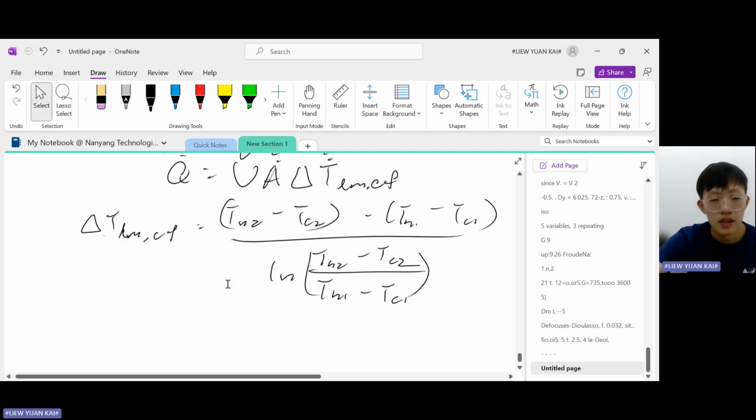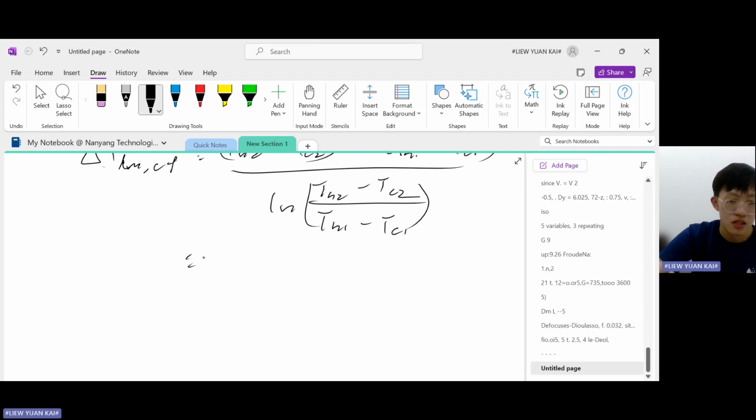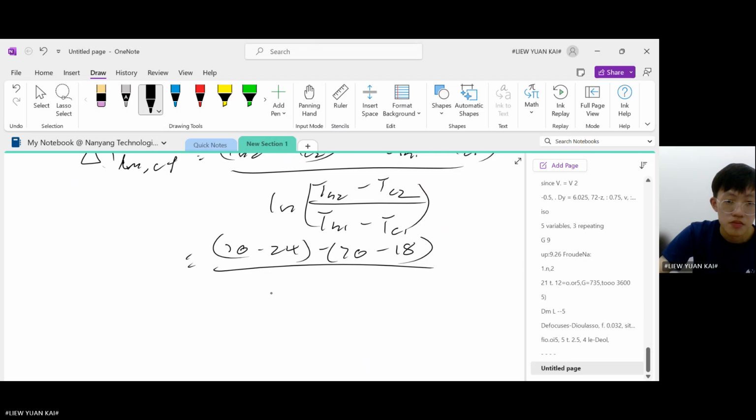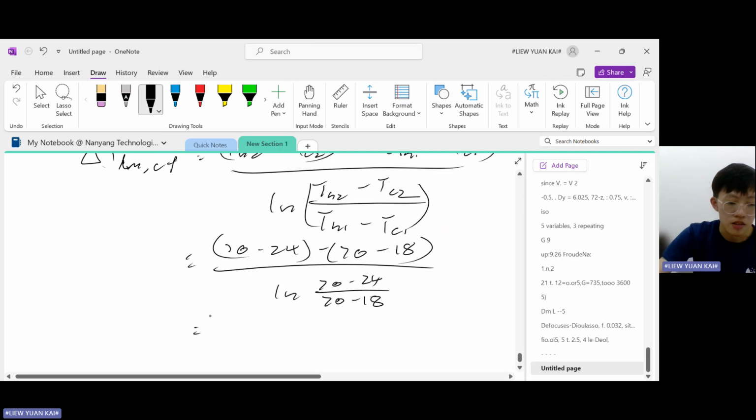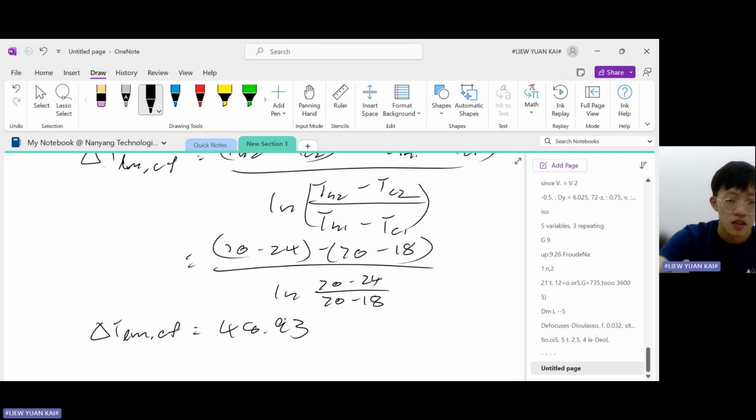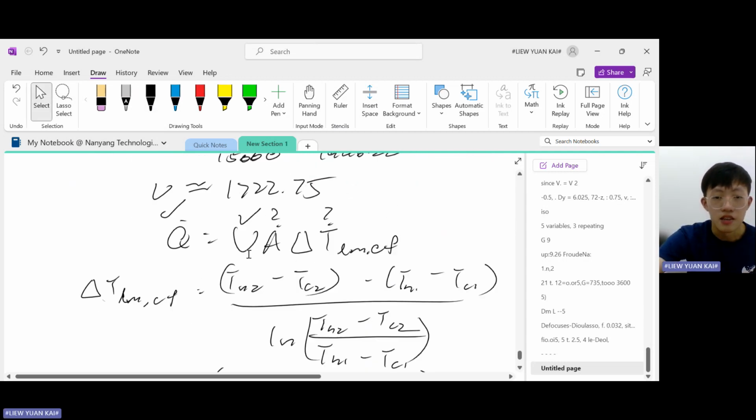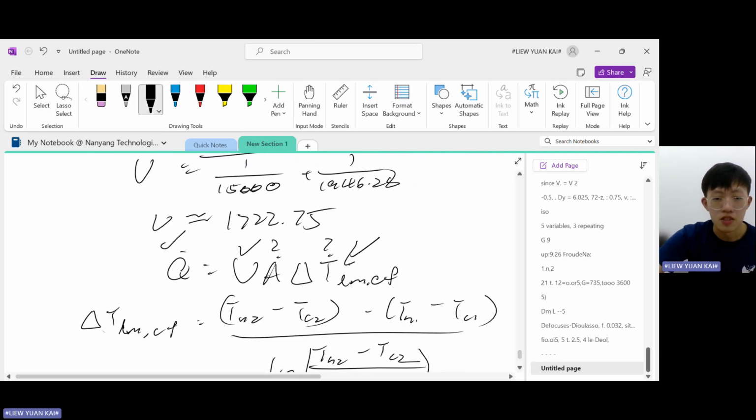Next, you just plug in the values. Then you punch it into your calculator and you get a log mean temperature difference of 48.93.